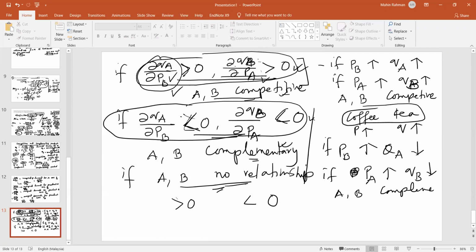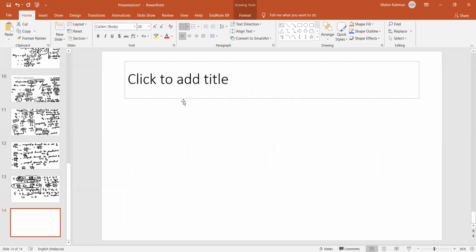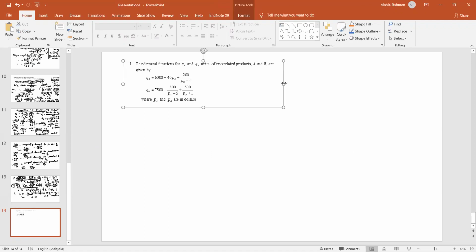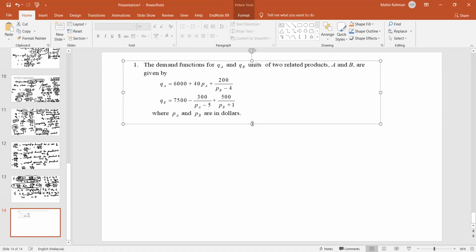Okay, so I will show you the example. I think this is the exercise that we have to do. This is question number 8. We will see from this exercise whether A and B are competitive or complementary.